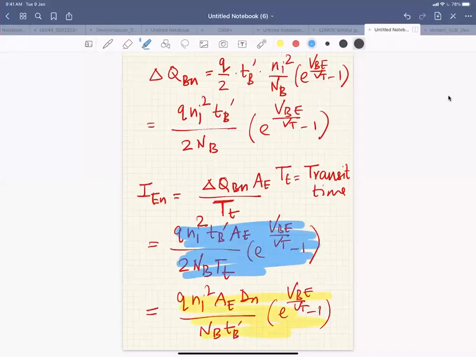But these two currents IN are equal, right? So basically, if both of them are equal, then here I could write down TB dash. Let me copy this.